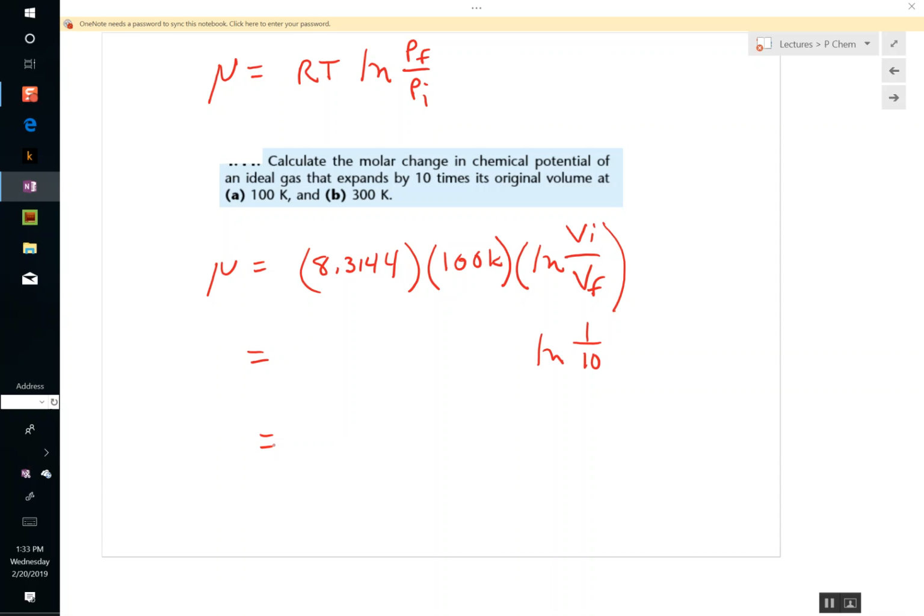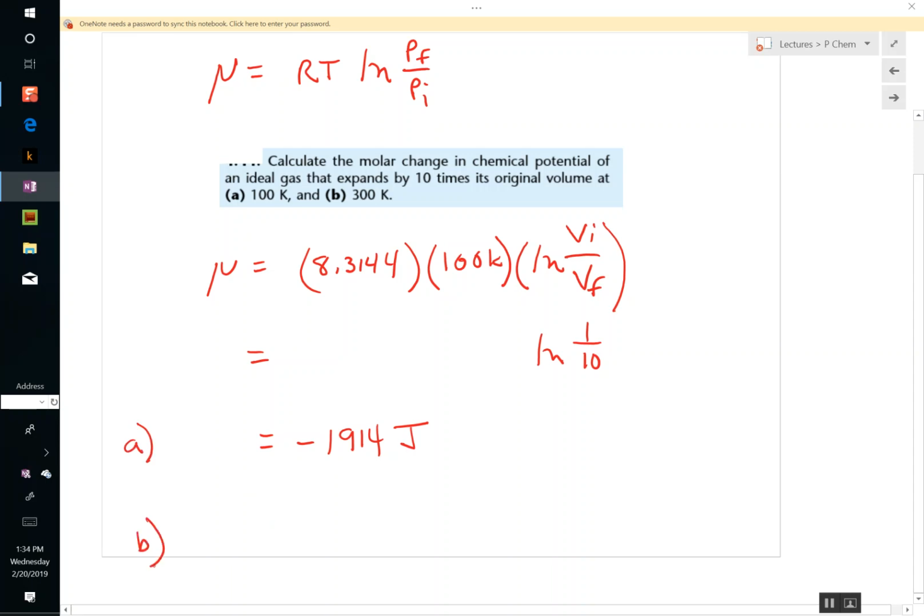You have joules per mole. So what are we getting? Like 19 and something. 19, 14, and 57, 43. I got negative. Is negative possible? I had PF over PI. But it's volume.